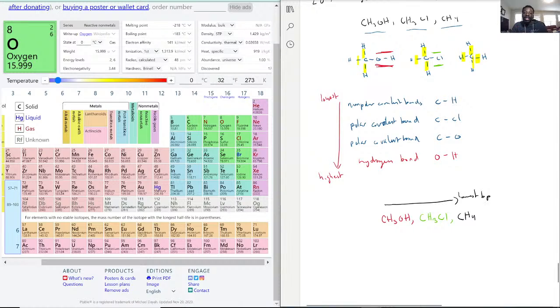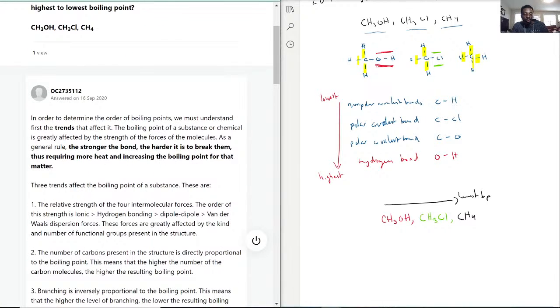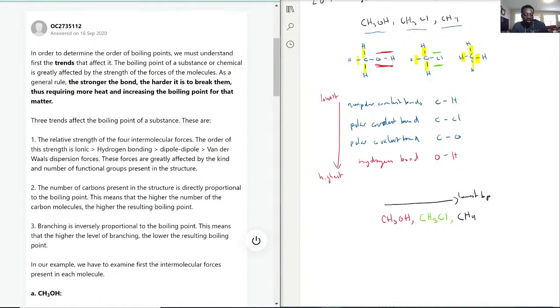When you look at the bonds involved, hydrogen bond is a very strong bond. The only thing that beats hydrogen bonds are ionic bonds, and then we have polar covalent bonds, and then non-polar covalent bonds. The stronger the bond, the harder it is to break, requiring more heat. So the order is ionic, then hydrogen bonding, then dipole, and then van der Waals dispersion forces.